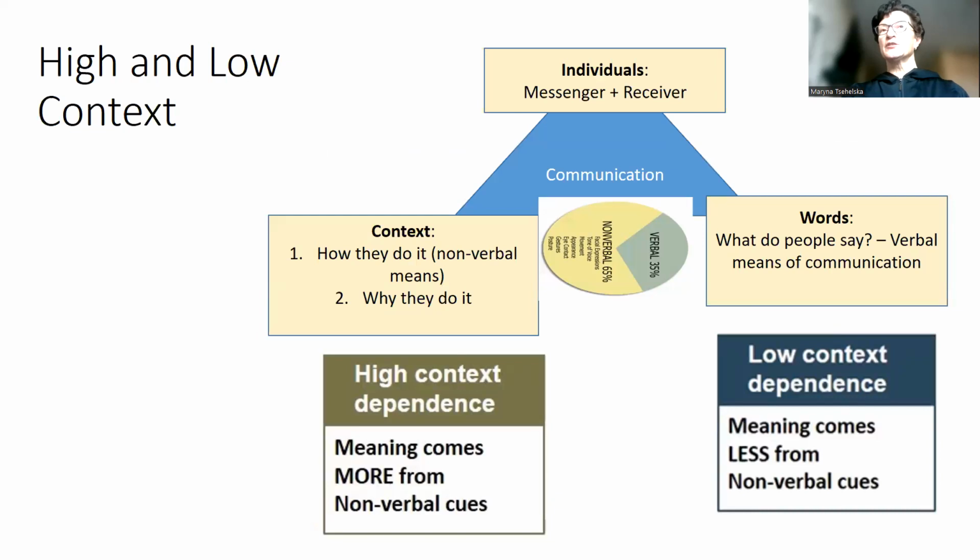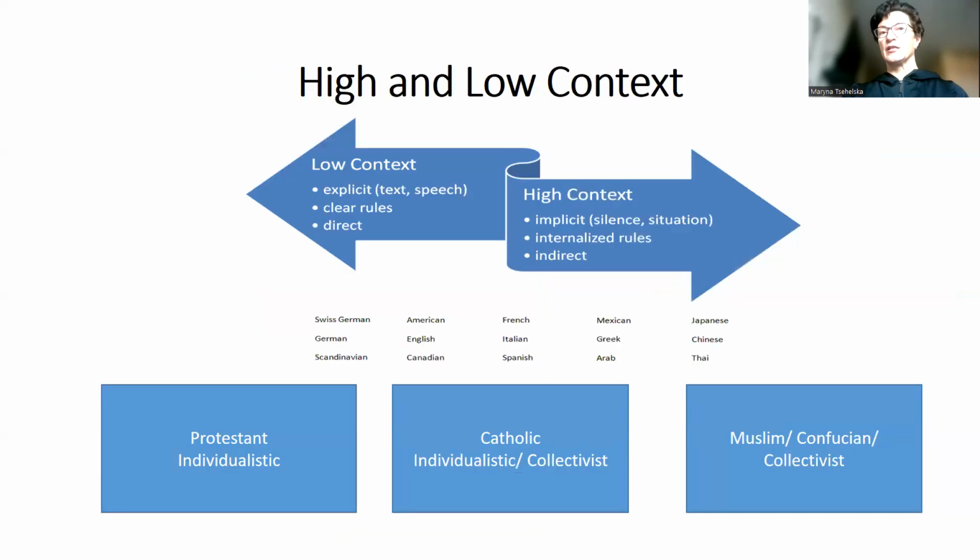According to this, we can think of high context cultures and low context cultures. Low context cultures are the cultures where we give more meaning with words. Unlike low context cultures, high context cultures rely more on non-verbal means of communication.